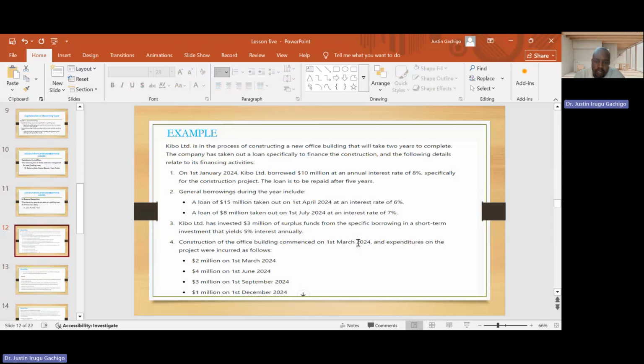Construction of the office building commenced on 1st March 2024. And expenditure on the project was incurred as follows: 2 million on 1st March 2024, 4 million on 1st June 2024, 3 million on 1st September 2024, 1 million on 1st December 2024.